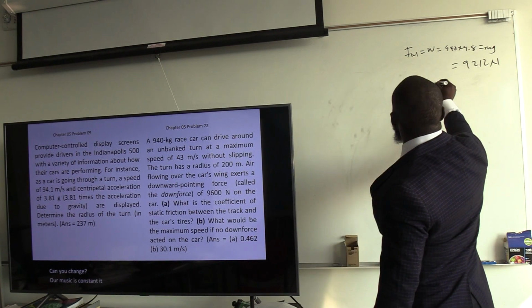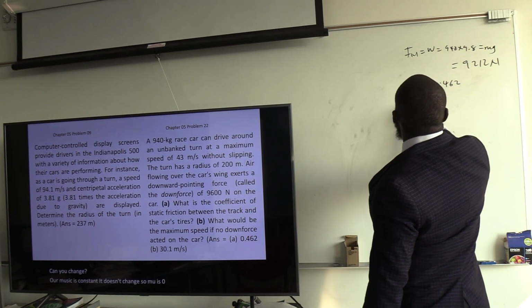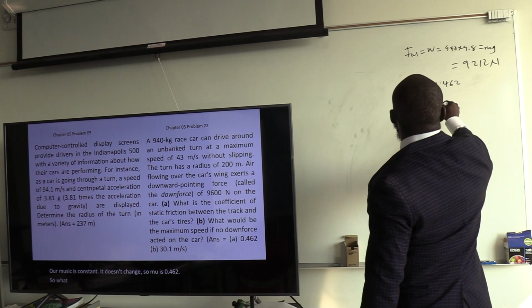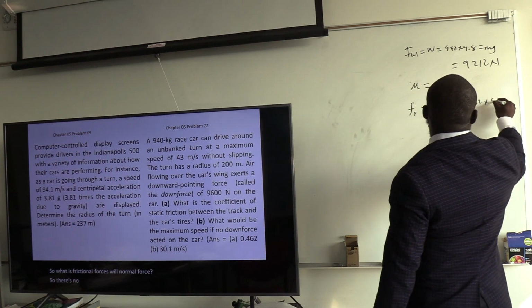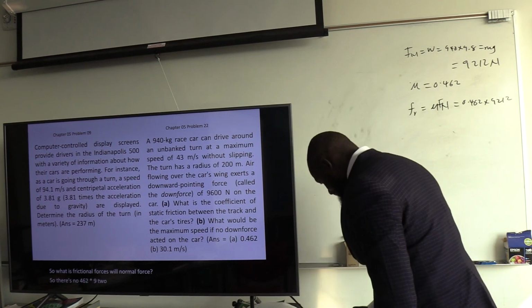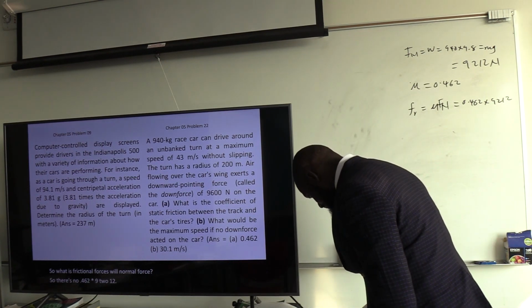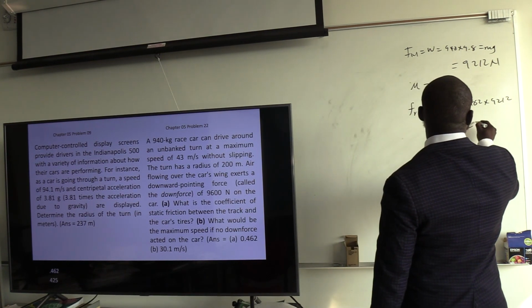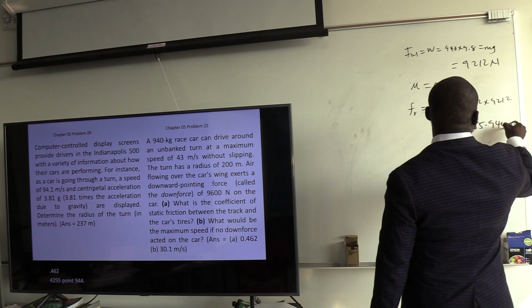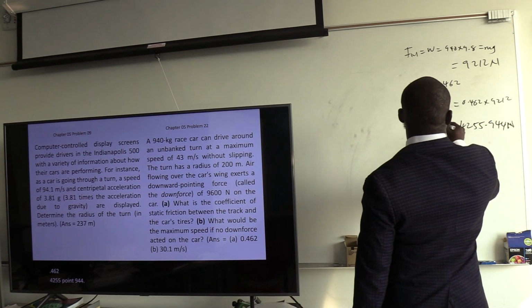So mu is 0.462. So what is frictional force? It is mu times normal force. So that's 0.462 times 9212, which is 4255.944 newtons. So this is the frictional force.